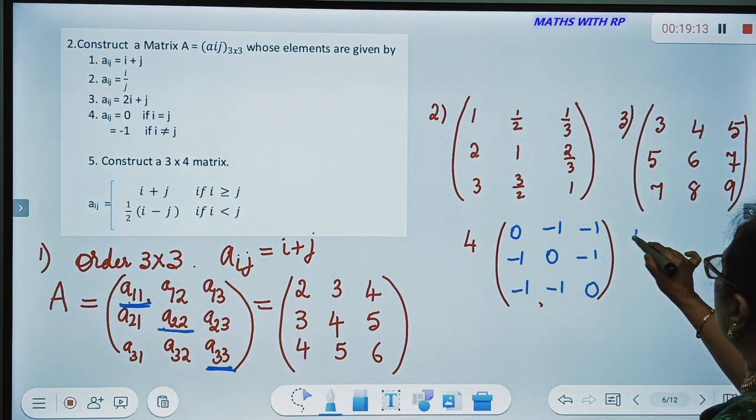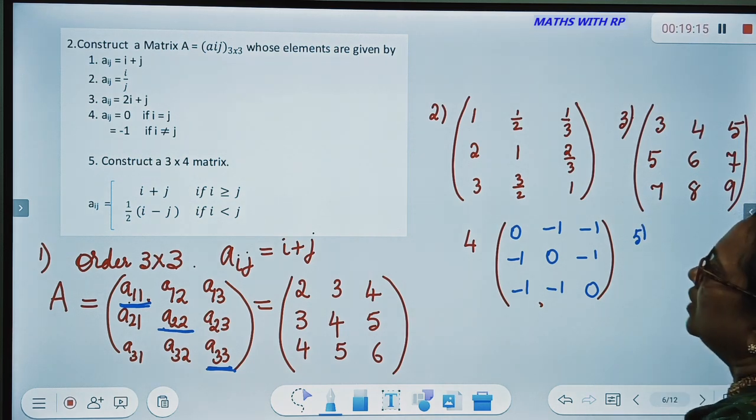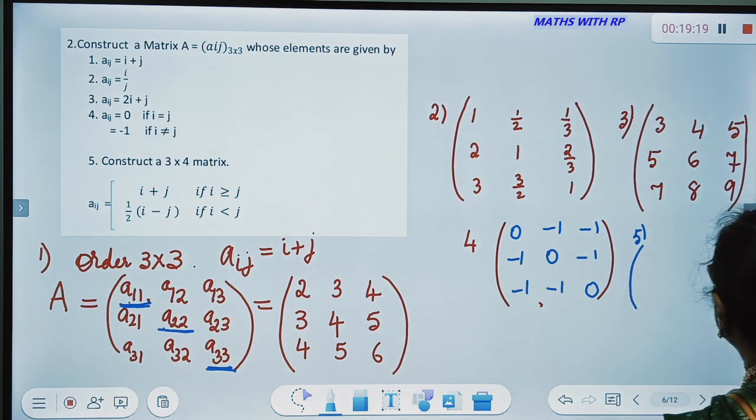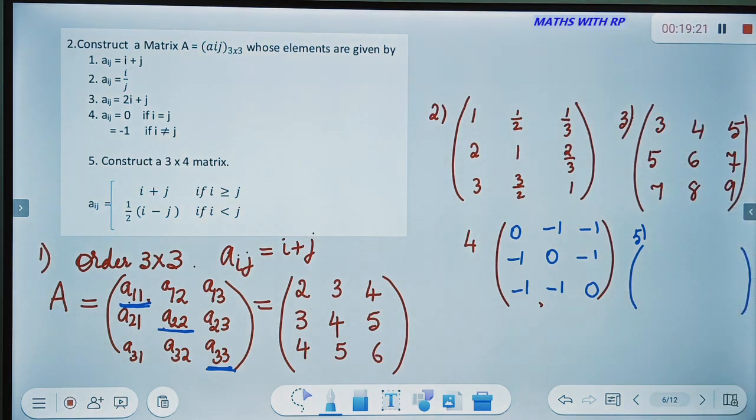Now let us do the fifth one. Now what sort of a matrix? 3 by 4 matrix. So 3 by 4 matrix means it has got 3 rows and 4 columns. So A11, A12, A13, A14, A21. Why am I having till 4? Because it's a 3 by 4 matrix, it has got 4 columns.